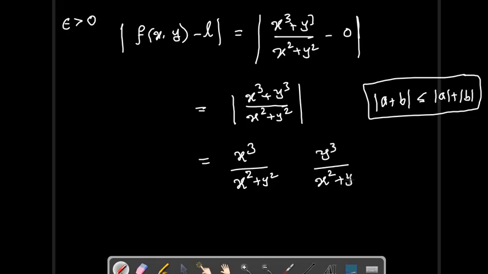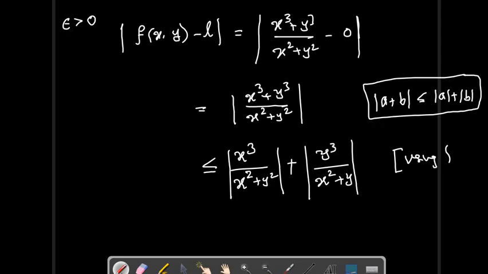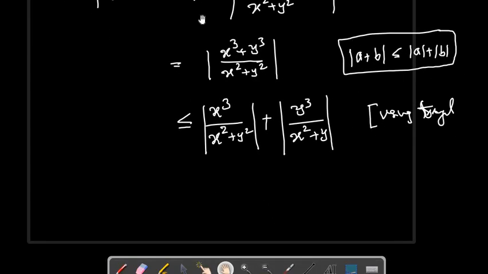You can write the total expression as the sum of these two. And again, using the triangular inequality, this expression is less than or equal to the sum of the absolute values of these two individually. You can write it here using the triangular inequality, or otherwise you can just mention this property.